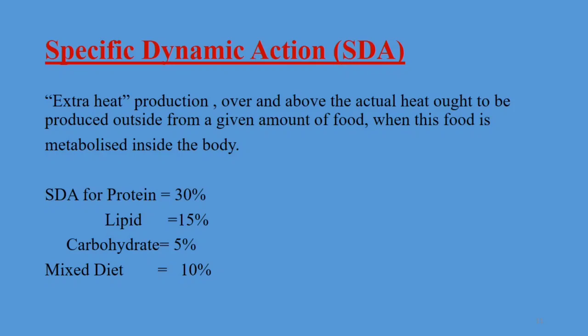This SDA is explained by a simple example. If a person takes 100 gram of protein in diet, the calorific value of protein is 4 kilocalorie per gram. When he takes 100 gram, 100 multiplied by 4 is equal to 400 kilocalorie generated.